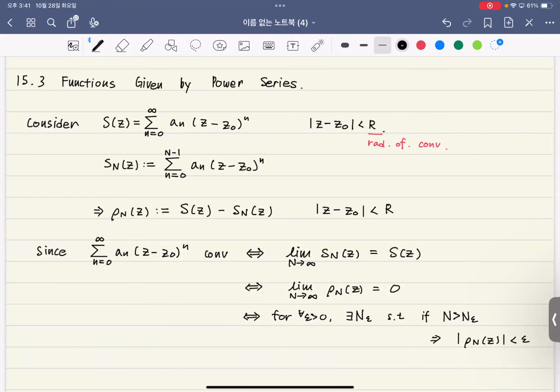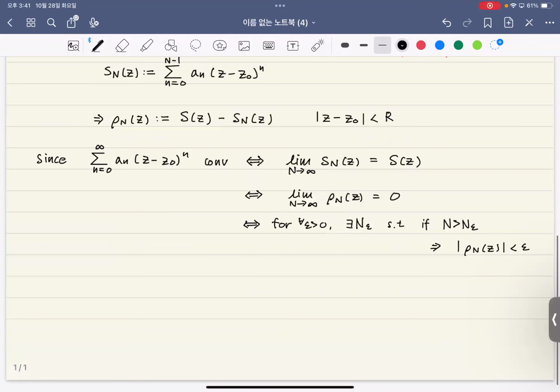So this is our epsilon-N definition of the convergence of the series, of the sequence.